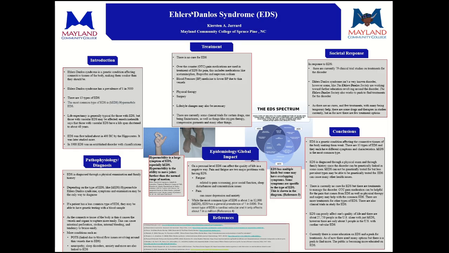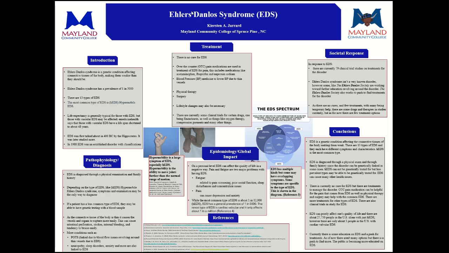Many people with vascular EDS will only live to be about 48, and most have a major medical event before they are 40. Other than those facts, a person with EDS should live a normal lifespan.